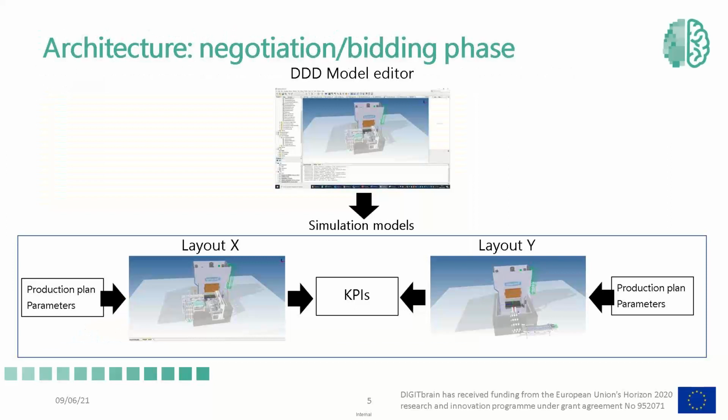That's the target. So we are still in the building phase. You can create a model with the interface, the model editor, and you can compare different layouts. You will see an example of what we have achieved, because we used the test pilot plant to validate the simulation, which is already running.